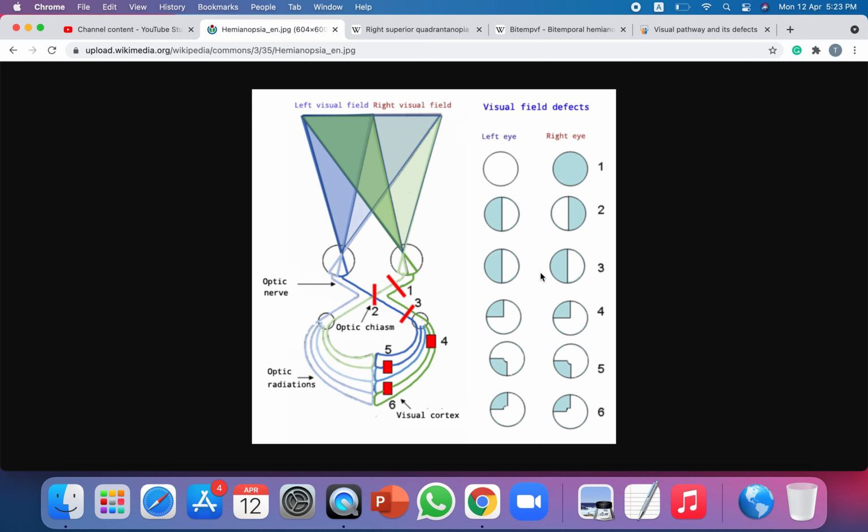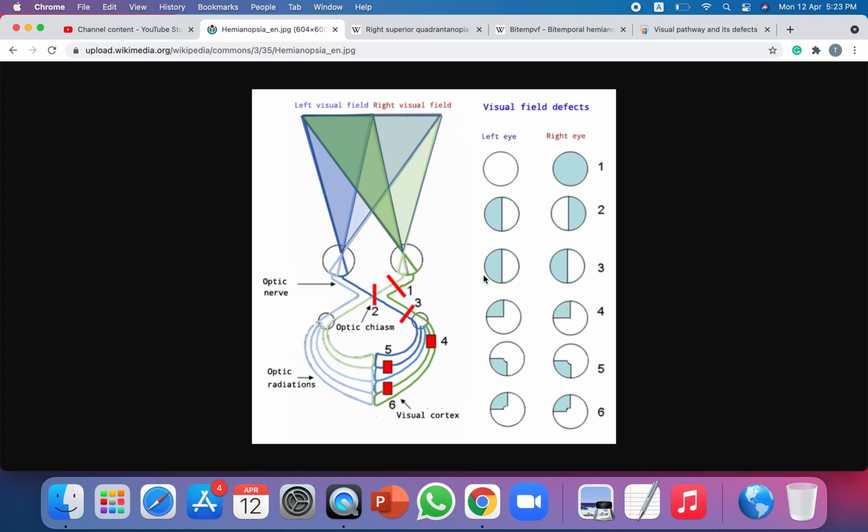Lesion in the lateral geniculate body, lesion in the optic tract, and lesion in the visual field. In these three conditions, there will be bilateral homonymous hemianopia. Homonymous hemianopia means the right eye will lose the nasal field of vision, and the left eye will lose the temporal field.